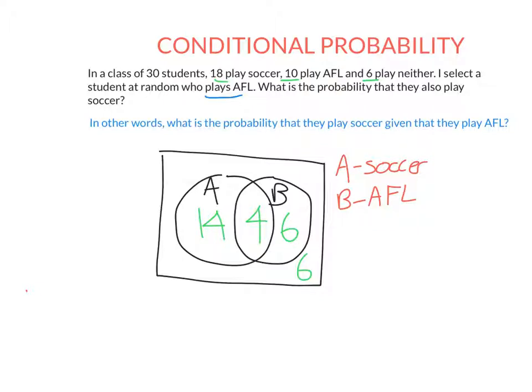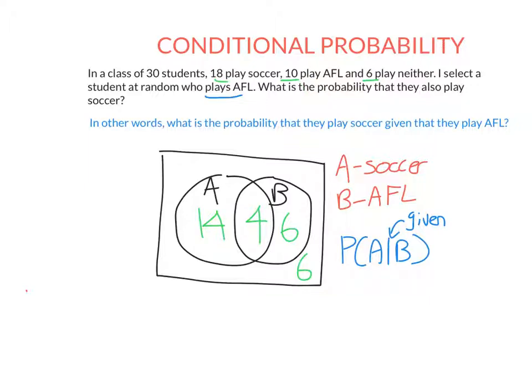So what we're actually finding is this: probability of A given B. This line in the middle means given. We're saying what's the probability that A happens given that we know that B happens. In this example, what's the probability the student plays soccer, A, given that we know that B happens, that they play AFL.